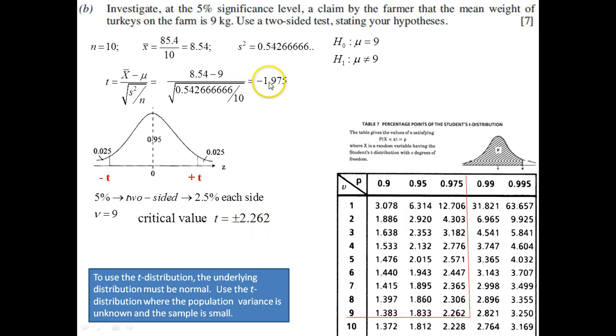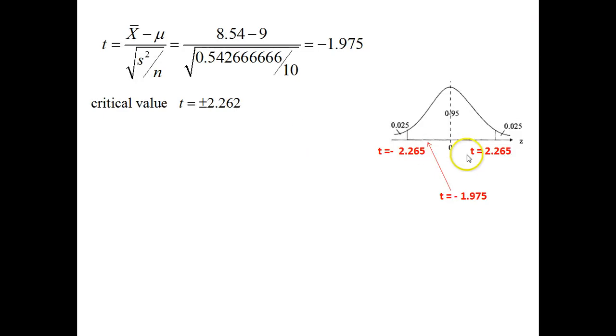So is that within the critical region or not? There's our minus 1.975, which is our sample result, and that's the critical value. So we are not within the critical region, so not enough evidence to reject H naught at the 5% significance level.